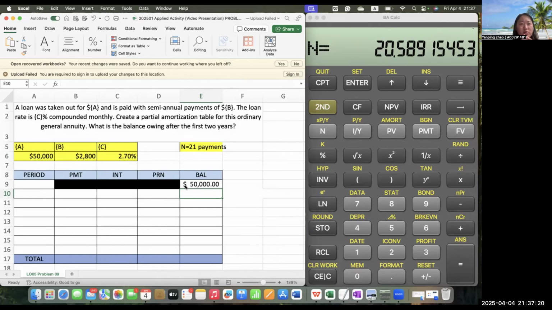We are going to put the information in the first three and the last three. We know there are going to be 21 payments, but the amortization function and the amortization table don't change anything in the calculator.